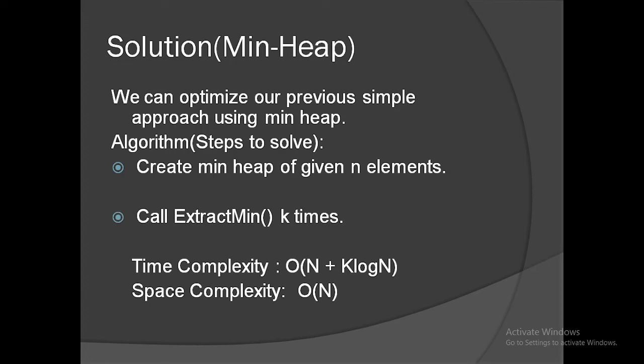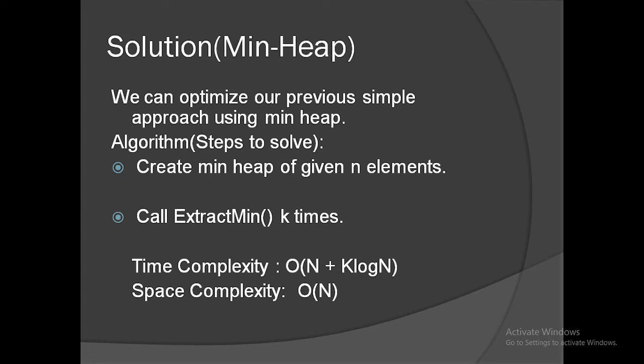Now if I talk about this algorithm, what is the time complexity in this case? Big O of n plus k log n, and space complexity Big O of n. Now if we talk about our simple approach, there we have Big O of n log n as the time complexity, which is in the proper n log n format.